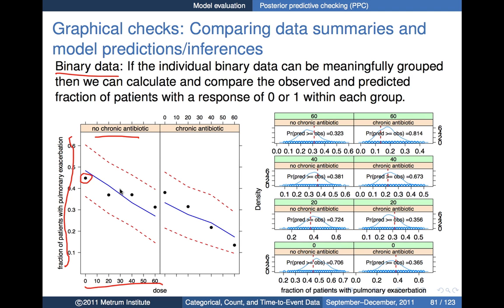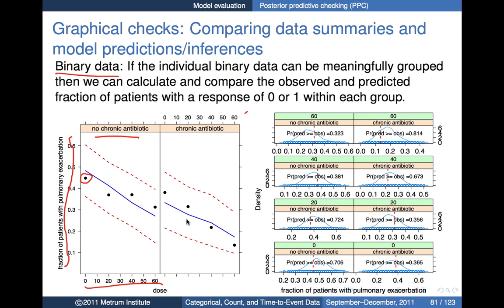I calculate the fraction of patients who are predicted to have pulmonary exacerbations in each of these subgroups, and then calculate the median and the 5th and the 95th percentiles for those posterior simulations. And again, you can get a visualization of the extent to which the model does or does not seem to capture the data in this instance.